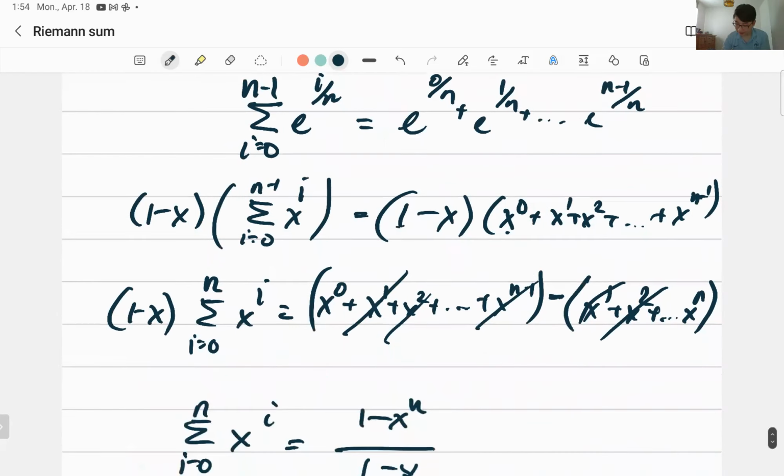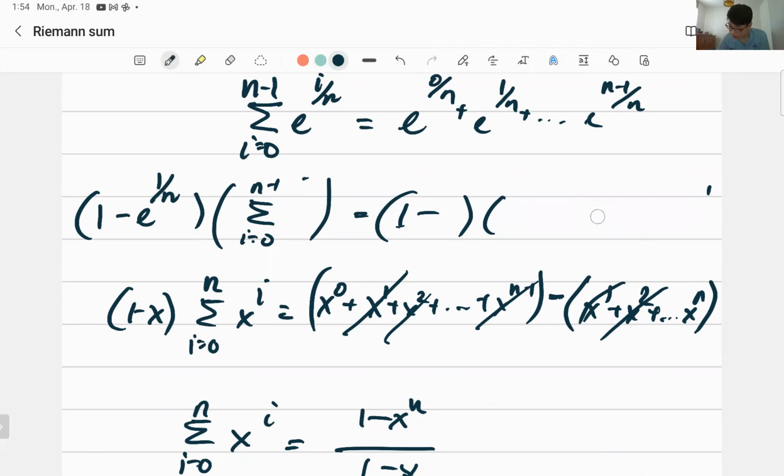So that means I'm subtracting 1 minus e to the power of 1 over n, right? So then this whole thing is changing.